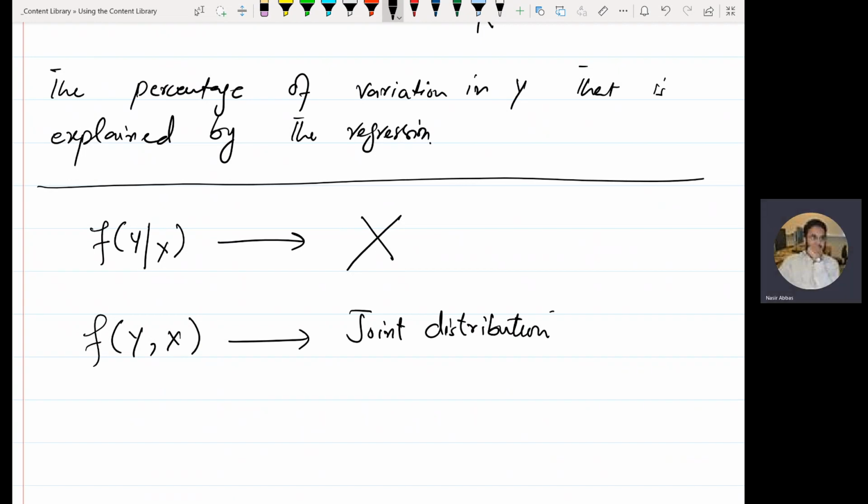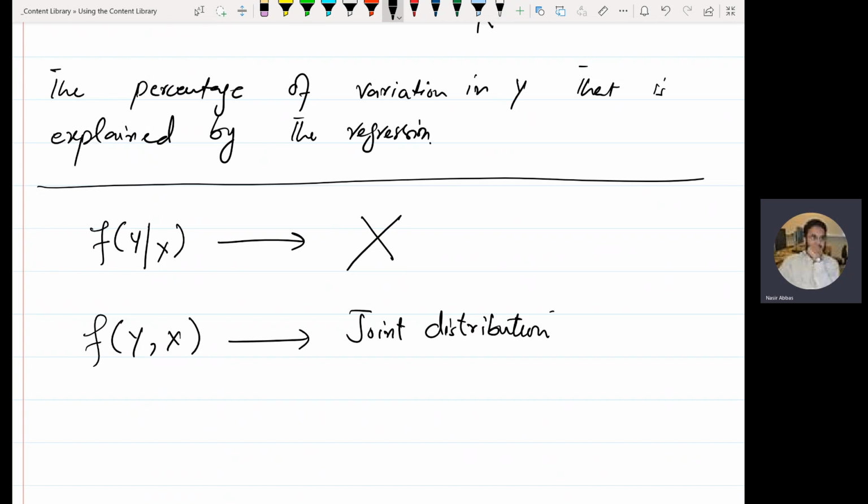Which we talk in which course? We talk in 211. The joint distribution is chapter 5 of 211. But the good news is we'll not talk about this in this course. Now, when we have the joint distribution, the ordinary least square method doesn't work because we don't have a compact objective function like we have for one variable.